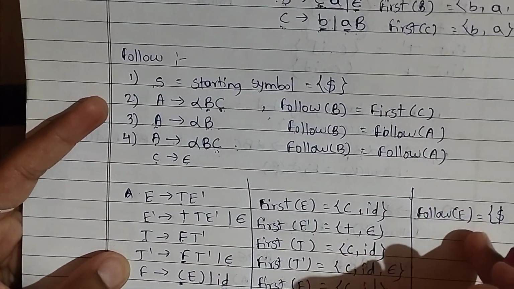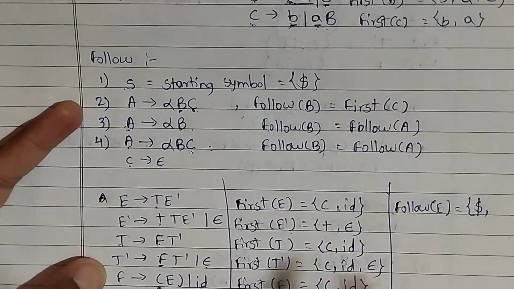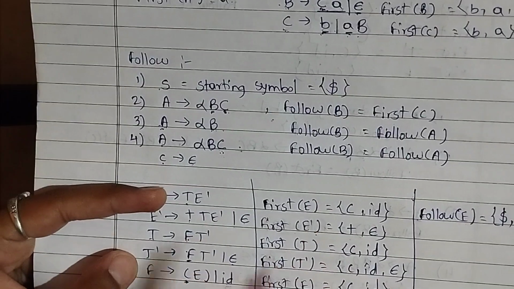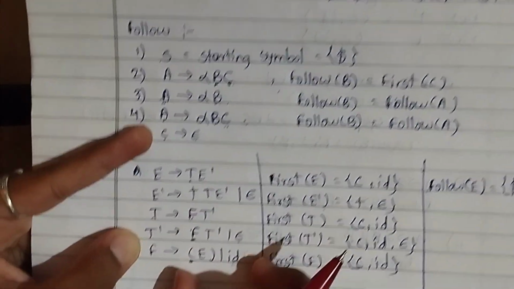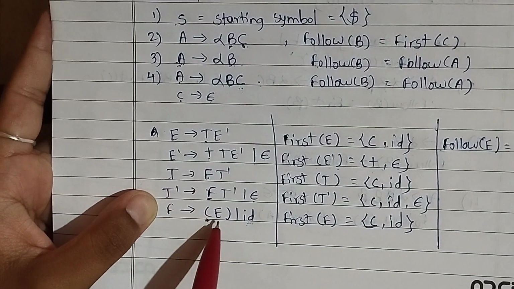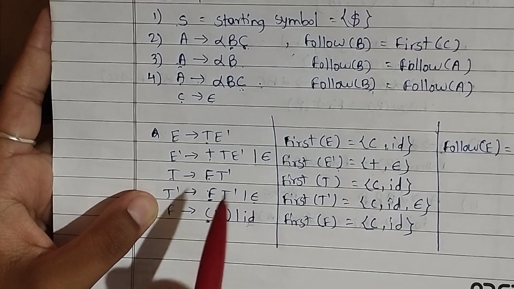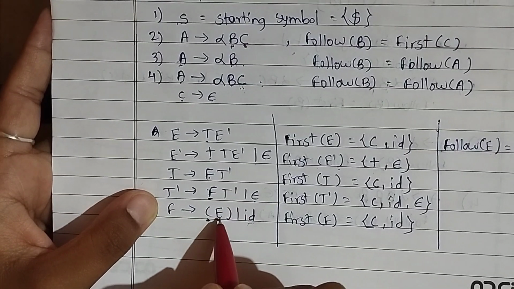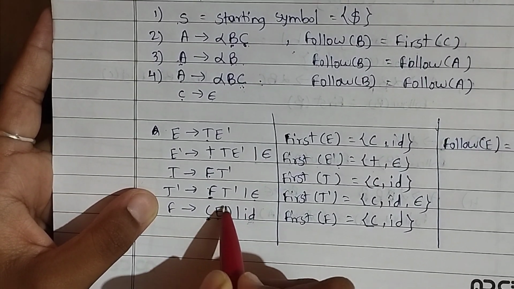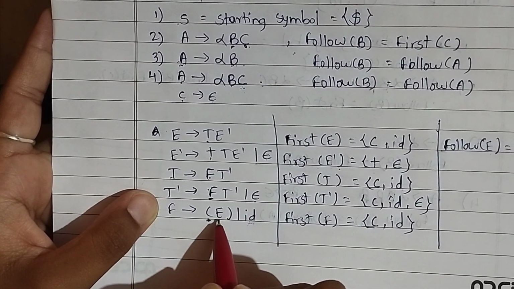Now we check the next follow of E. On the right side, see where E is present. Here E is present, and see what follows E. The closing bracket follows E.